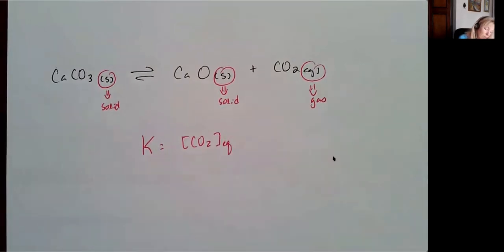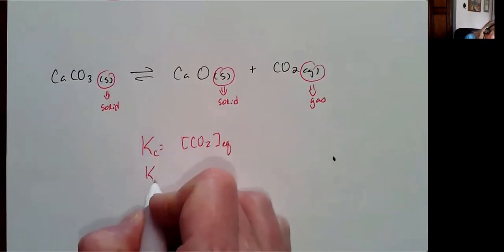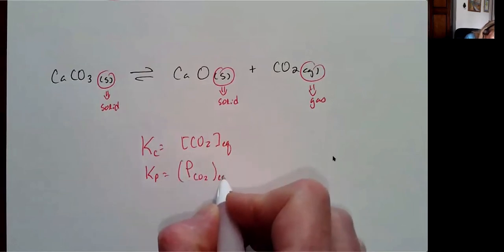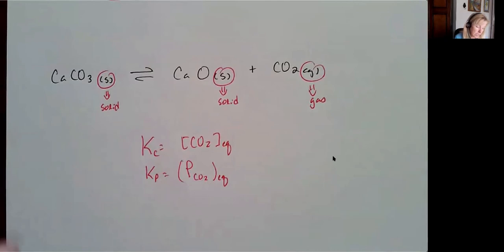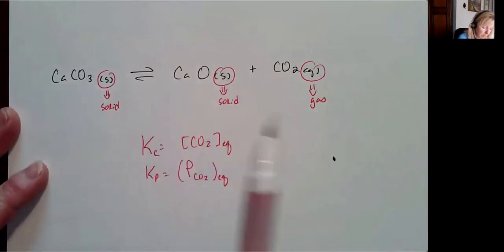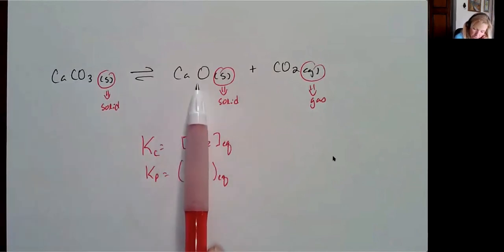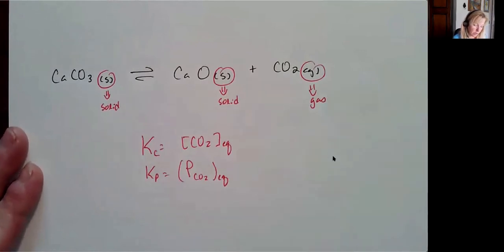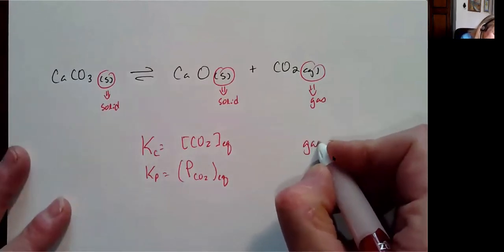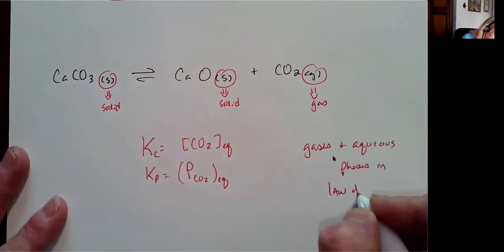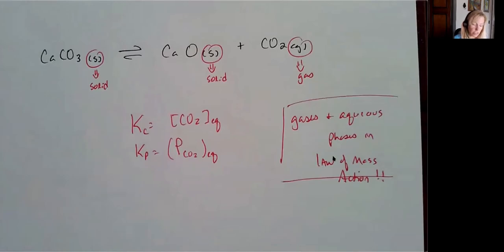And so it would be, what is the equilibrium concentration of CO2? That would be my Kc. My Kp would be my partial pressure of CO2 at equilibrium. So I could write it either way. What's not going to factor in is my calcium carbonate or my calcium oxide, because their concentrations are not going to change appreciably. What I'm going to look at is carbon dioxide gas. So I'm only going to consider gases and aqueous phases in my law of mass action. Solids and liquids you can just ignore.